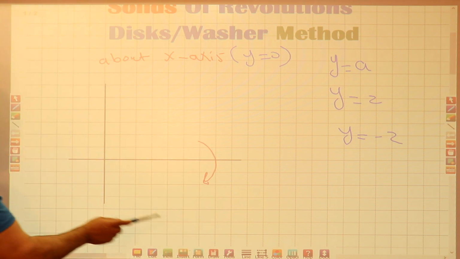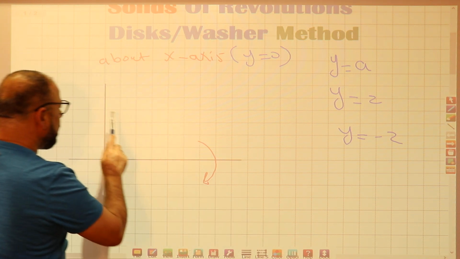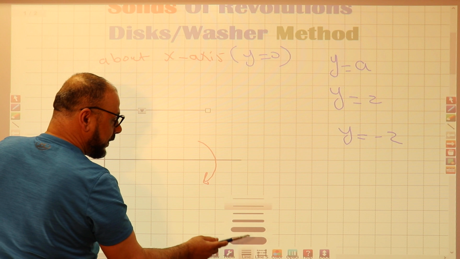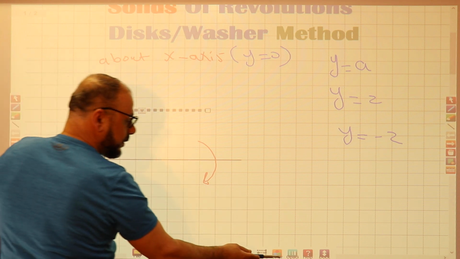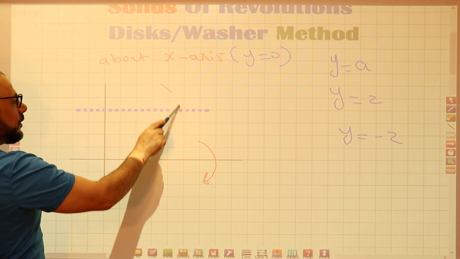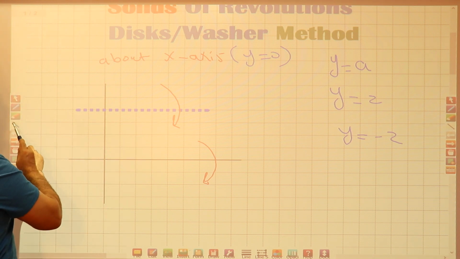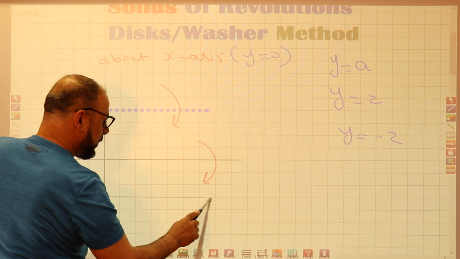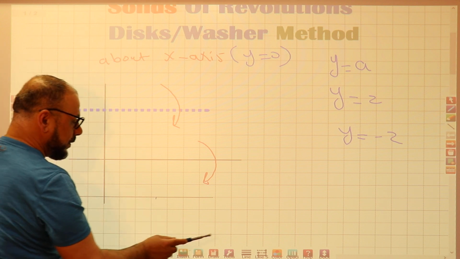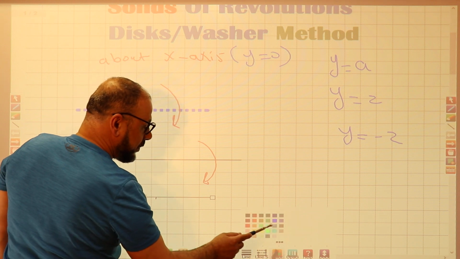Or if we have another line, we'll see how we can revolve the function about this line if it's positive, or this line if it's negative. Then we can revolve the function. I'm going to show you the function.